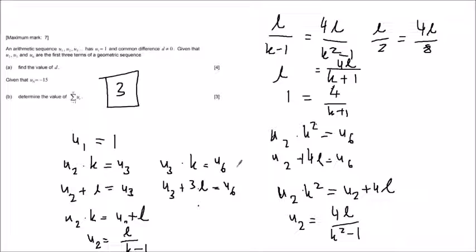But we have k equal 3, which is great. We know that u2 times 3 is equal to u3, and u3 times 3 is equal to u6. Okay, but times 3 of what is the real question.